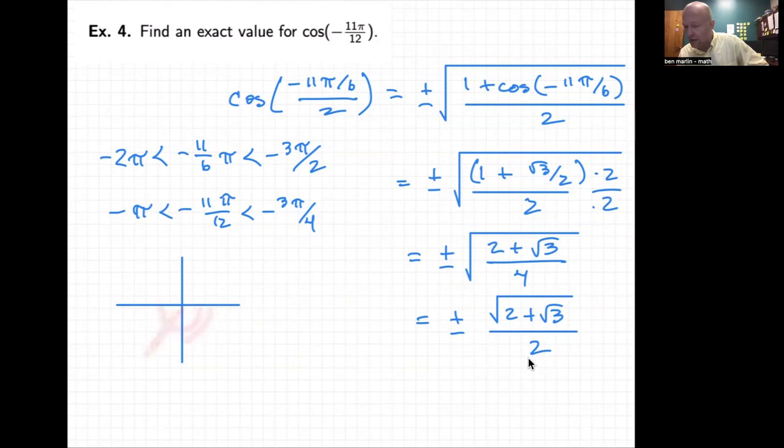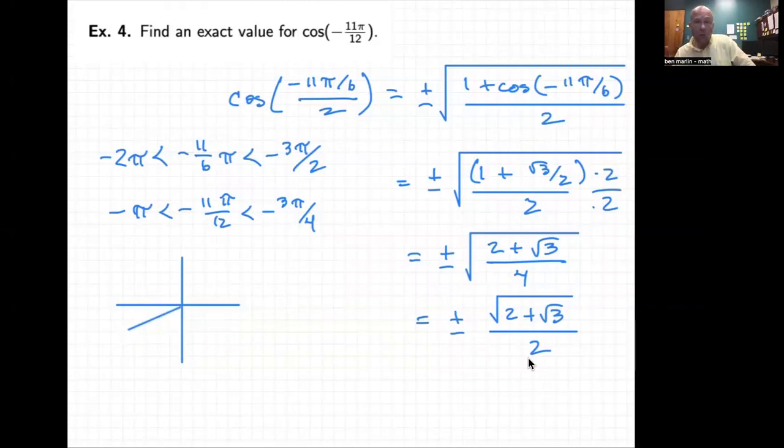We're going to have something that's somewhere in between. So this would be negative pi, this would be negative pi over 2, and halfway between there, we would have negative 3 pi over 4. So our angle is going to be here in the third quadrant somewhere.